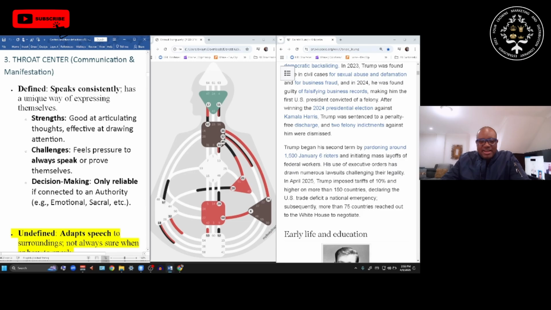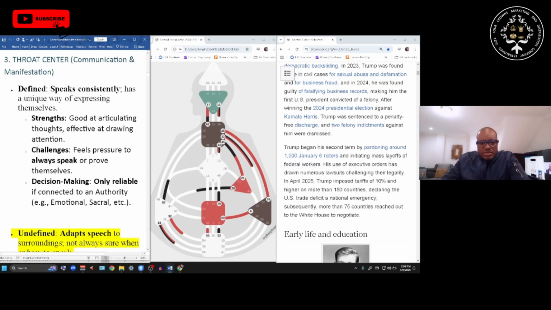Only reliable if connected to an authority, emotional, sacral, etc. Right? So we could see that it was only effective if it's connected to the emotion, which is the solar plexus here, which is actually connected through that 35, 36 line there, that channel which we'll look at. And this, I guess, is connected to the sacral here.